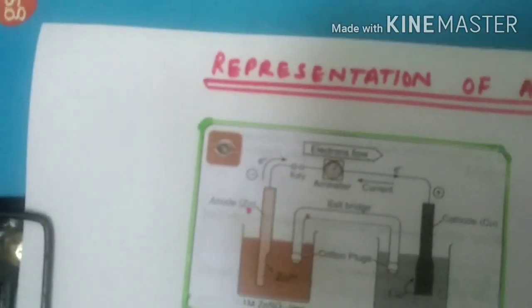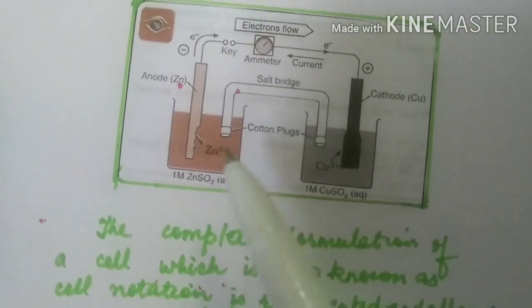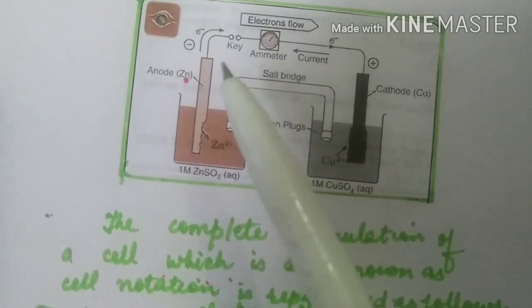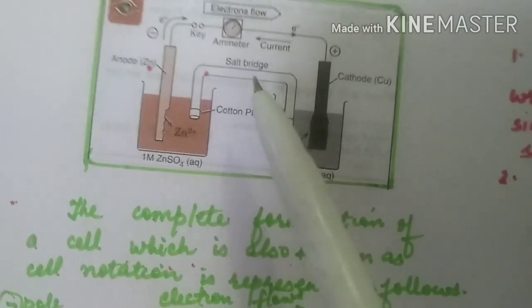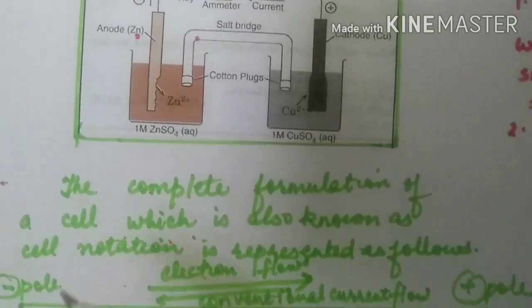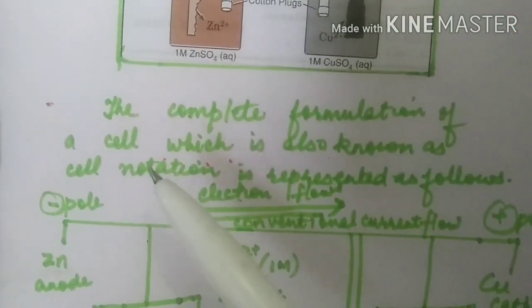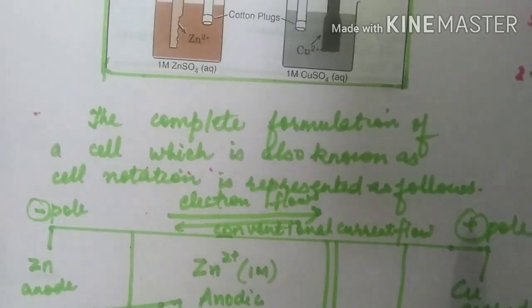We will repeat that we move from left to right via the salt bridge. First metal, then ions, then salt bridge, then ions, and then metal. The complete formulation of a cell, which is known as cell notation, is represented as follows.